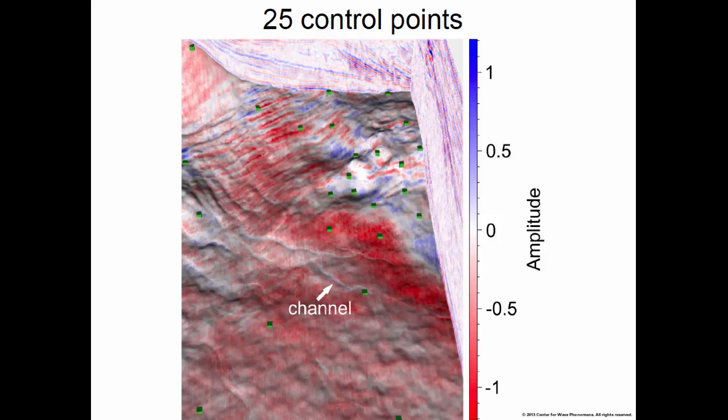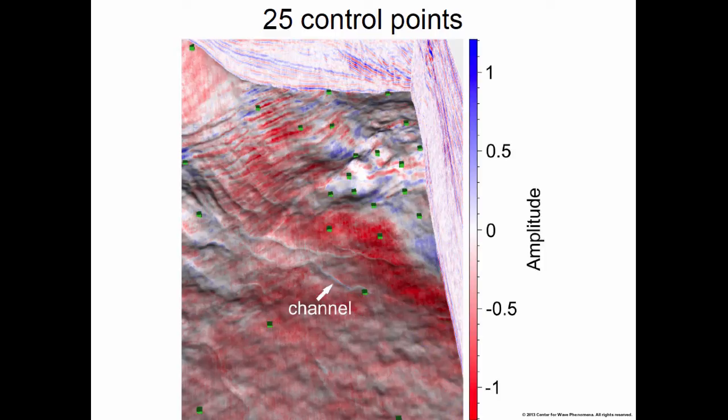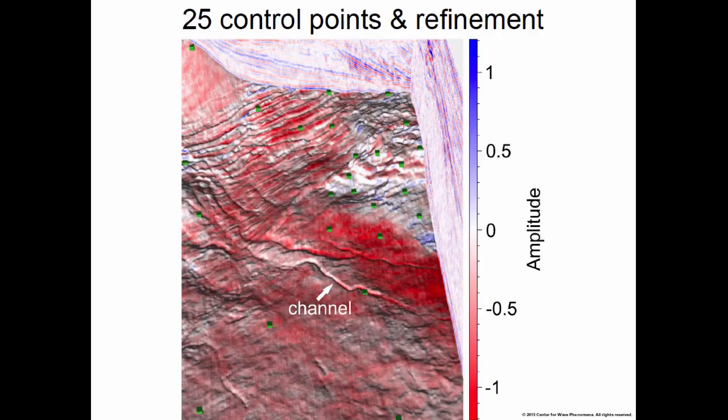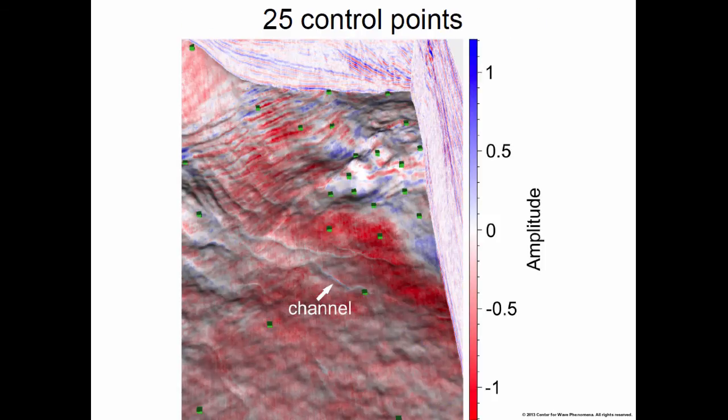But actually I want to say that both the two surfaces are kind of smooth. Now let's focus on the surface after the refinement by using the active surface method. From this, we can see much more geologic detail which cannot be clearly observed in the previous two surfaces.